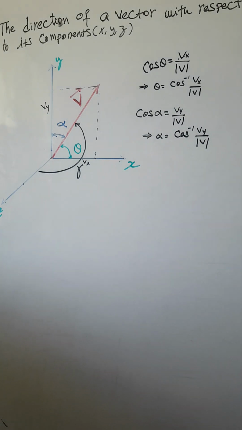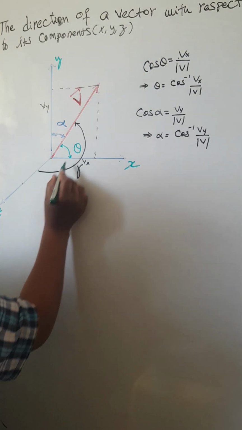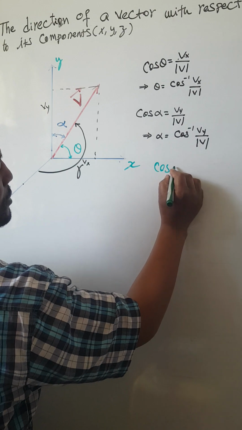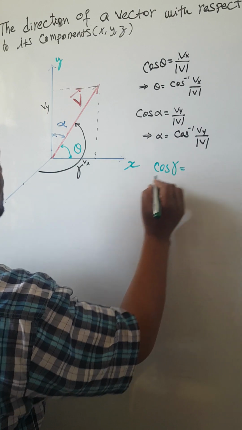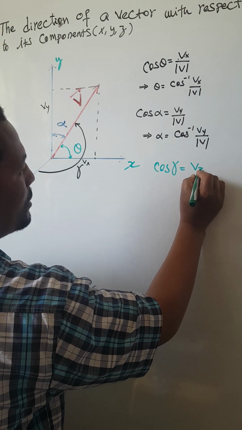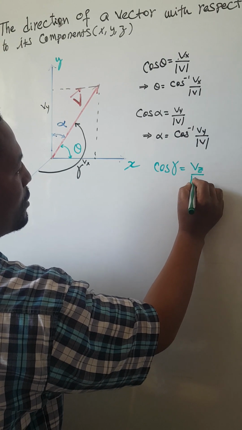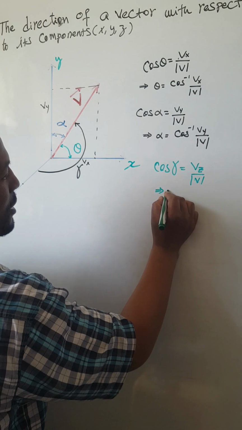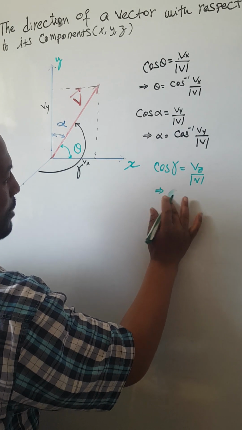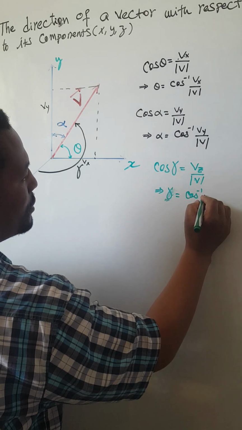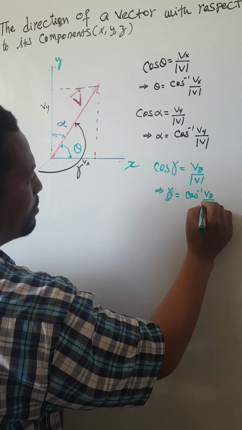And gamma, the angle between z and the vector, can be determined as cos gamma is equal to vz divided by v. Again, this implies gamma is equal to cos inverse of vz divided by v.